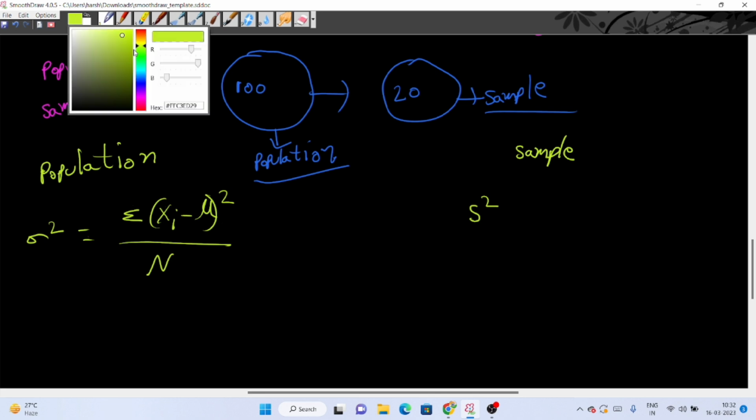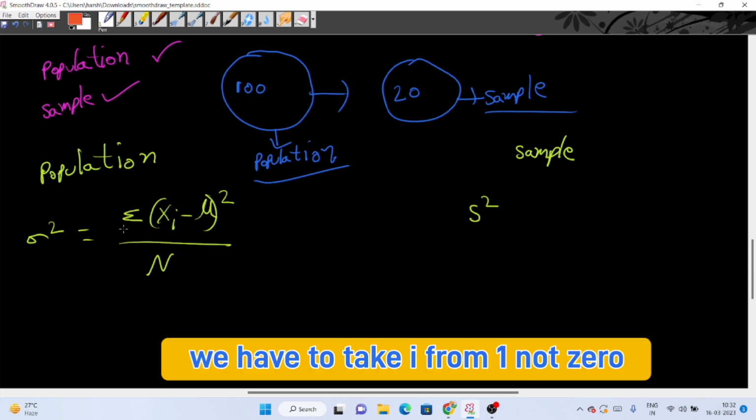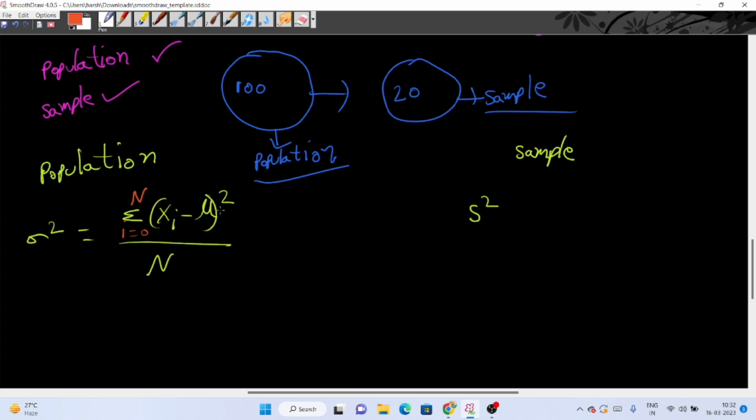So based on the definition, this could be the formula for sigma square, which is the variance of the population. And here we take the summation from i equal to 0 to capital N, which is the population, that means the total number of items in the population.